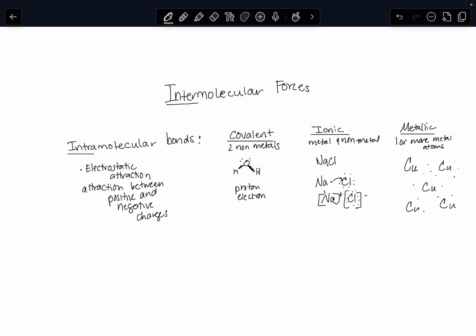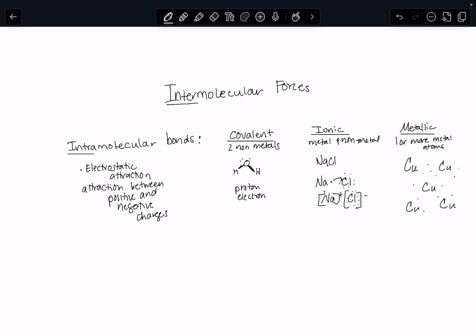But how about an ionic? Where are my positive and negative charges? Well, I have a true charge on my ion. My cation has a true positive charge. My anion has a true negative charge. So the charges on my ions are what hold my ionic bond together. And again, this is the strongest.